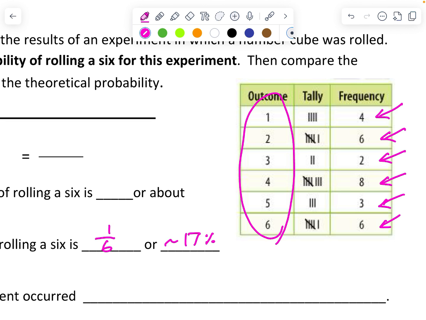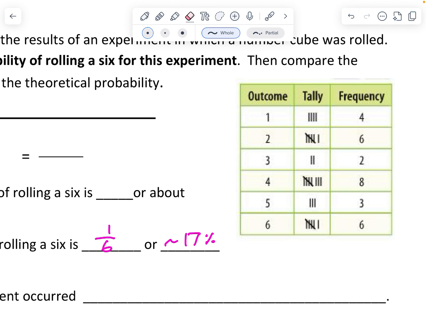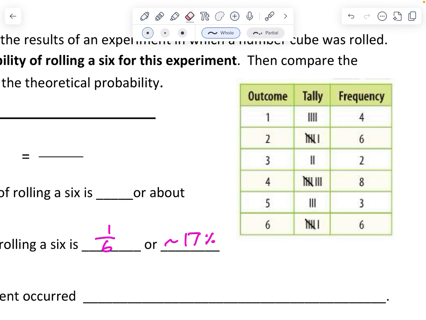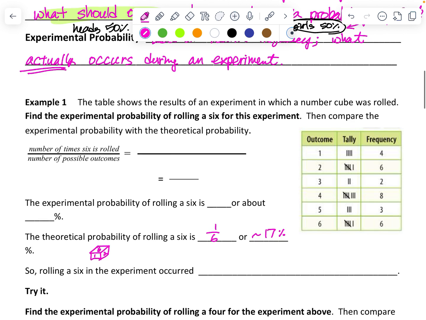But if you look at these numbers, your number 4 was chosen 8 times, whereas number 3 was chosen only 2 times. So as you can see, in a real life experiment, it's not always going to be the same as the theoretical probability.